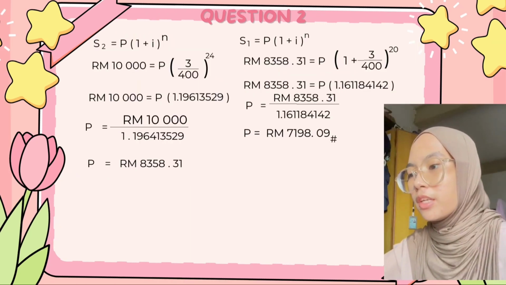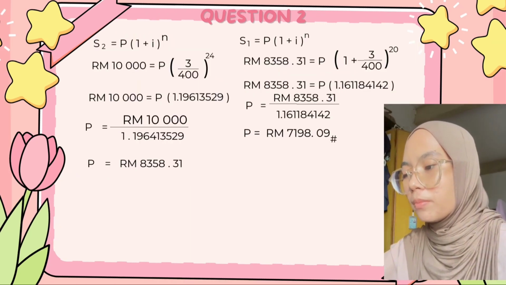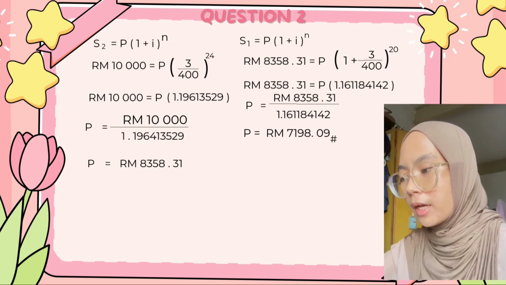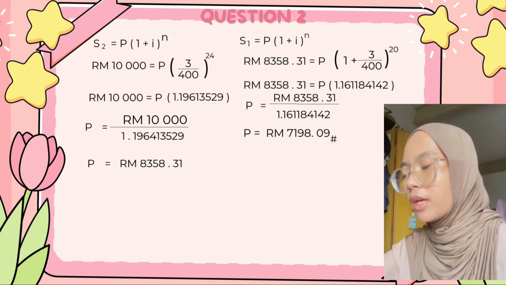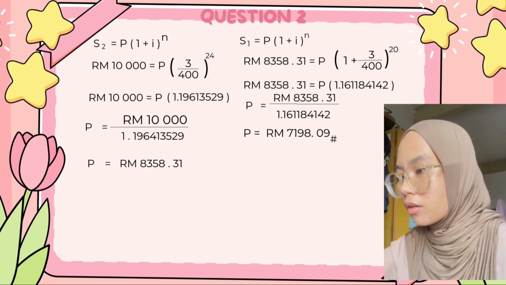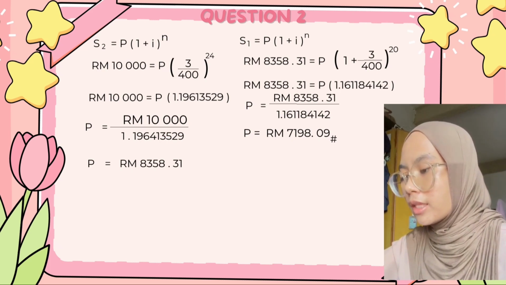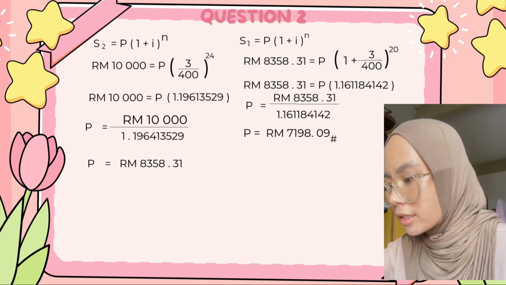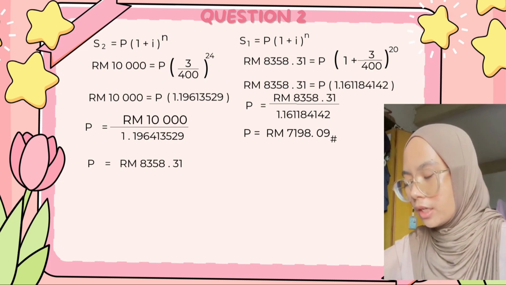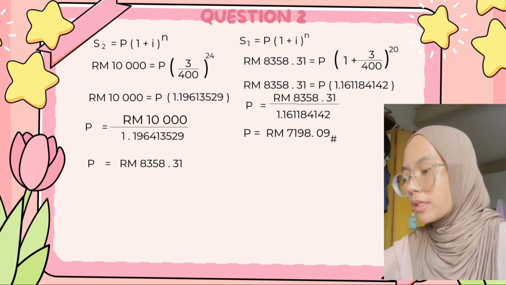So we want to know how much money we must invest today so that it becomes RM10,000 after 24 periods. We use the formula S equal P open bracket 1 plus I close bracket power N. So RM10,000 equal P open bracket 1 plus 3 divided by 400 close bracket power 24. Then we calculate the growth factor and we get 1.196413529. Then we substitute: RM10,000 equal P times 1.196413529.